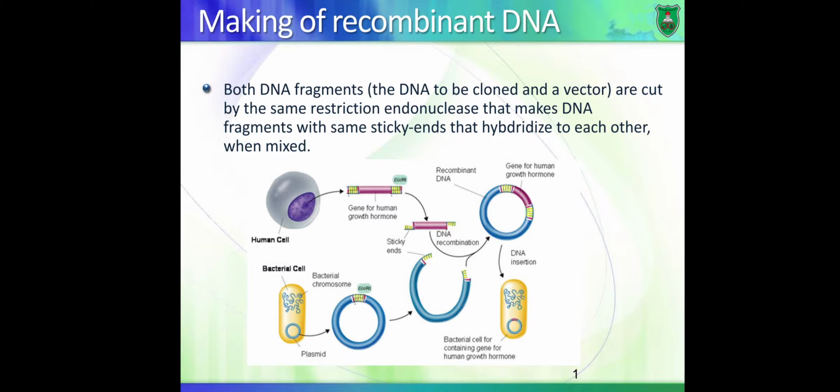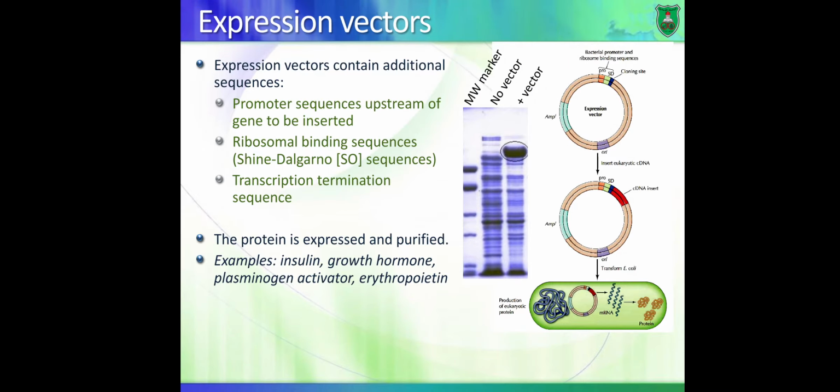Then we take the plasmid with the insert inside, and we place it inside bacteria, and bacteria can clone it for us. The idea here is that we make many copies of this insert this way. Now, we can take advantage of plasmids, since plasmids themselves contain genes, by the way. So we can use them as expression vectors.